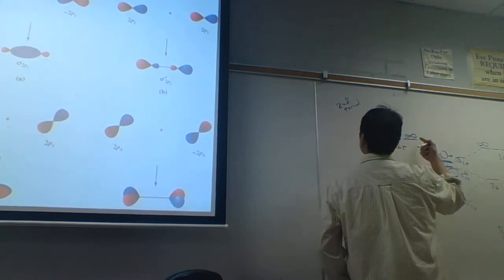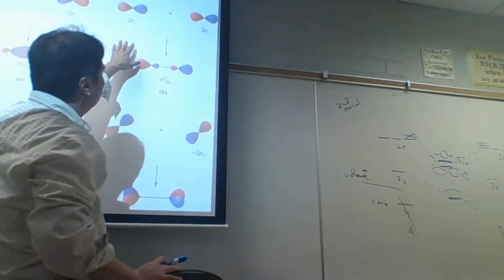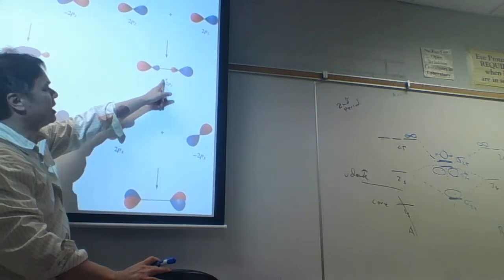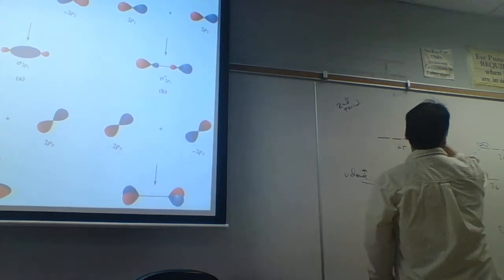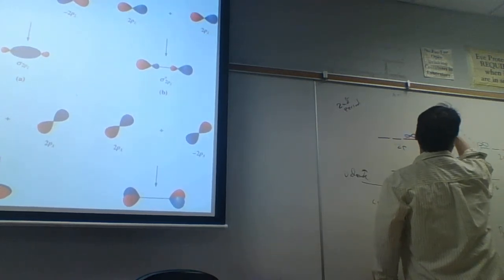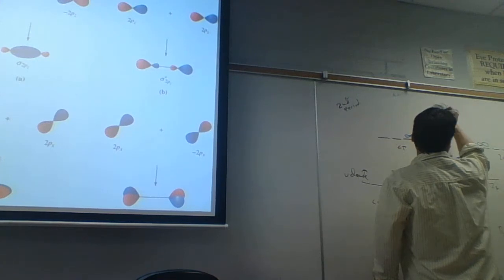If we do that, we're also going to have the destructive case, where we have blue and red. Do you see the blue and red? If there's a blue and red, then those aren't going to add. In fact, there's going to be a node here. This is anti-bonding, because there's no electron density there. And so that's going to be raised in energy. If this is the nuclei, then this lobe shrinks and this lobe grows.